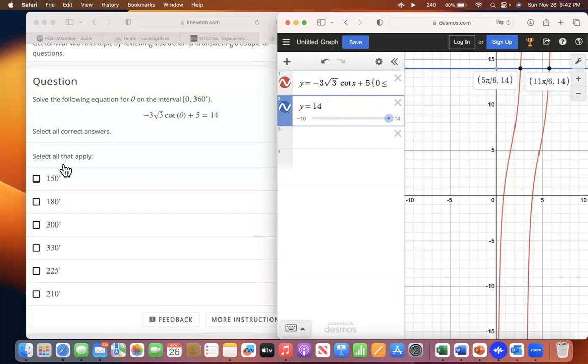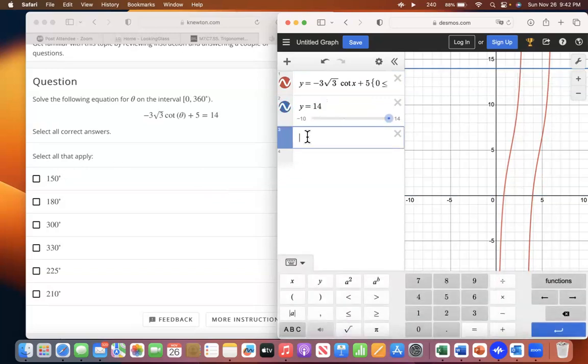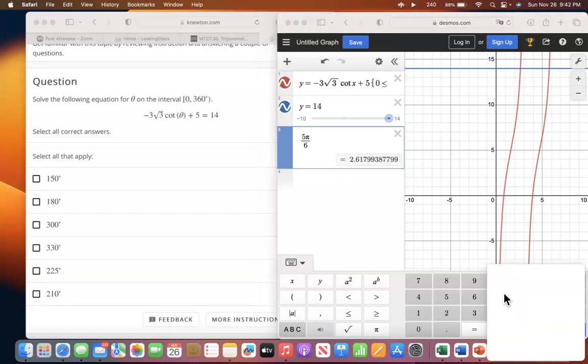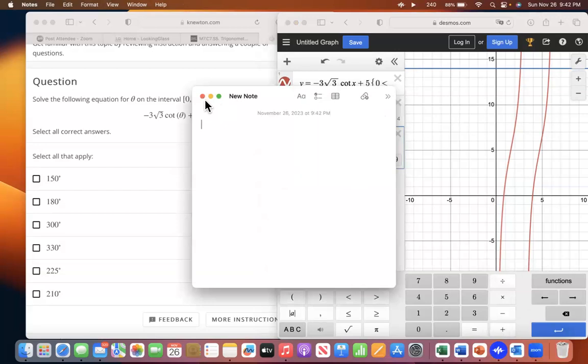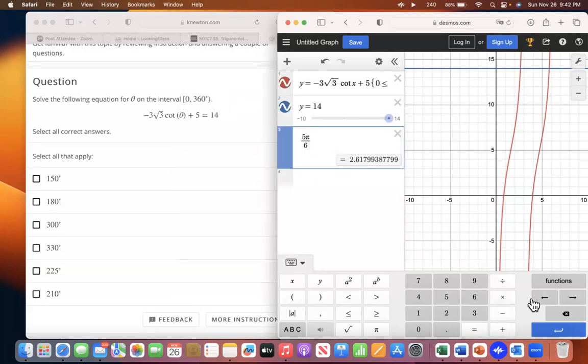When you go to the Desmos, go to another line, type in 5 pi over 6 times 180 over pi. And then that's 150.